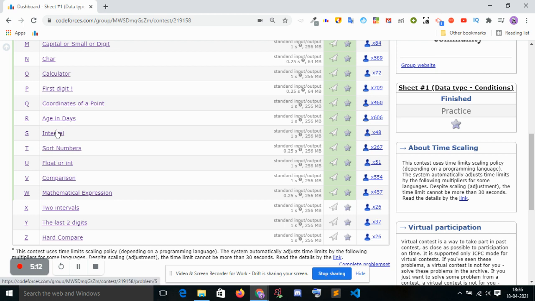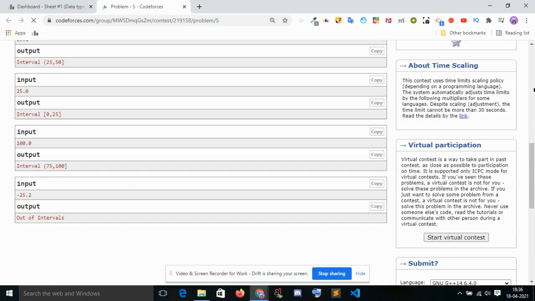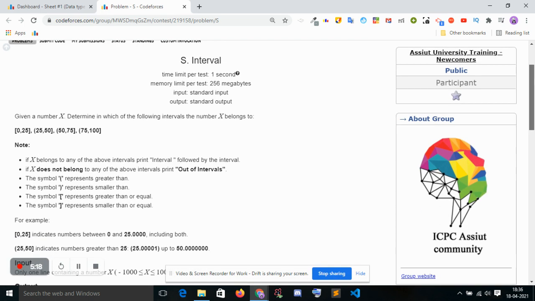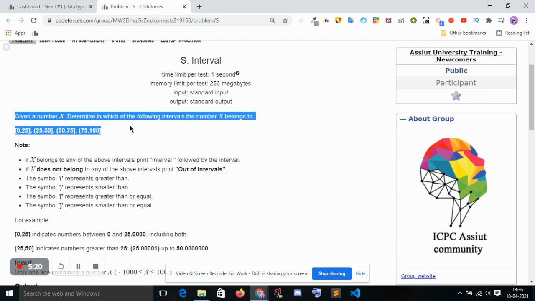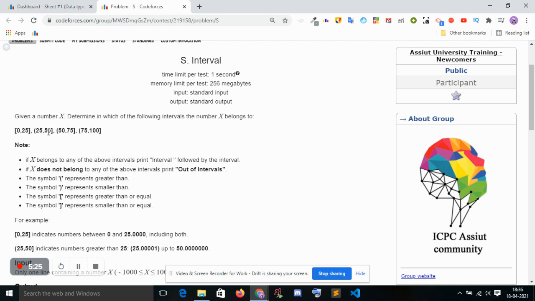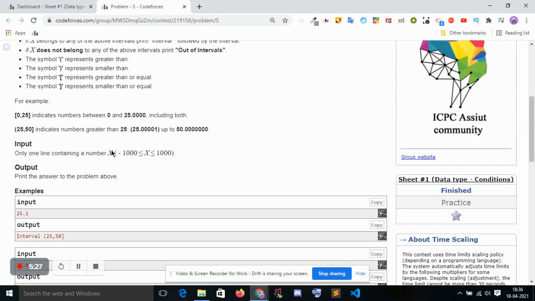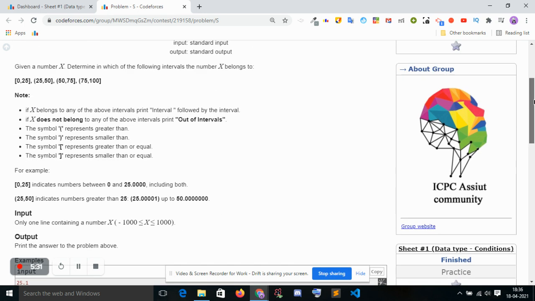So interval. Given a number x, determine in which of the following intervals the number x belongs to. The question says the range of x is minus 1000 to 1000. So here our intervals are 0 to 25, 25 to 50, 50 to 75, 75 to 100. So the conditions are very normal.